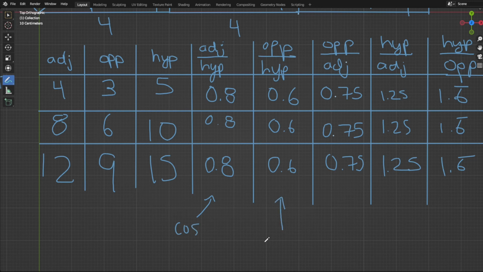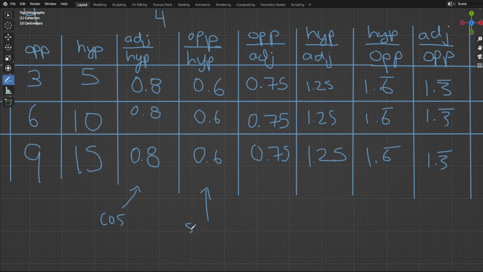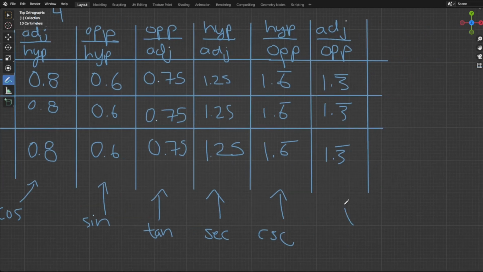This one's the sine. This row is tangent. This one's secant. This one's the cosecant. This one is the tangent. No, sorry, the cotangent.